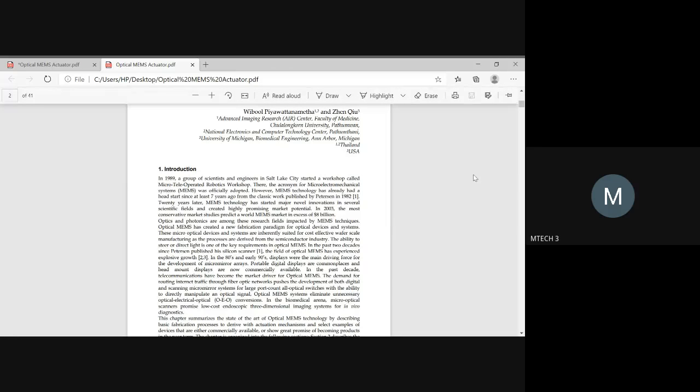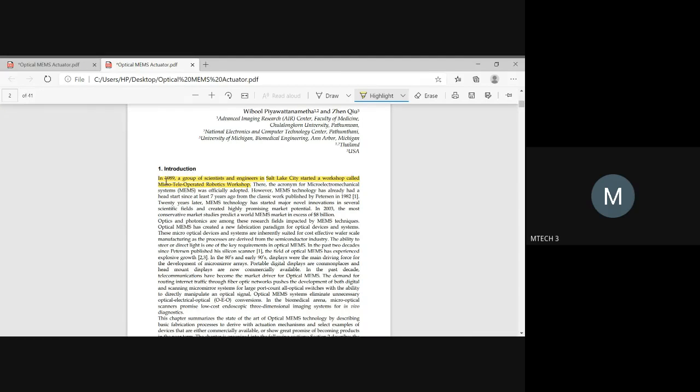MEMS is not a new word. It has come right from 1989. It is not a new concept, but related to optical MEMS, you have to think about it. MEMS technology started about 7 years before this 1989 research on robotics workshop, so nearly 1982. In 1982, the MEMS technology came into the world as a new concept.